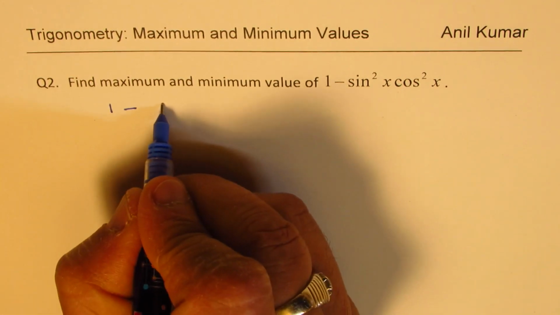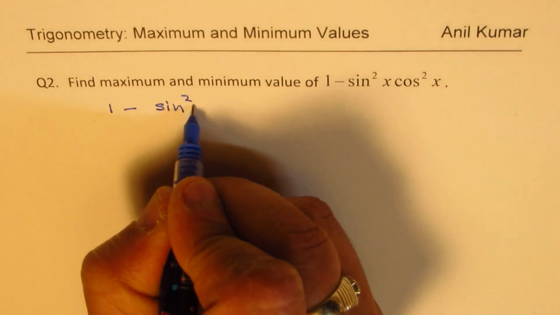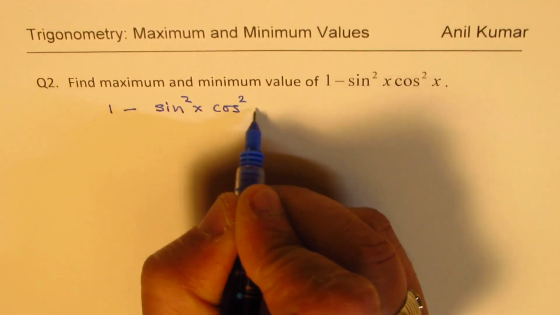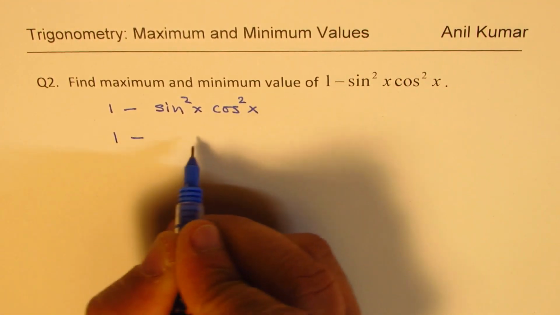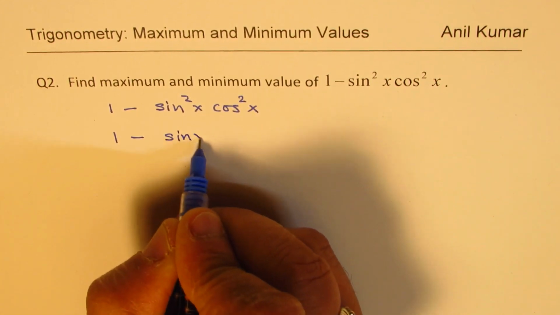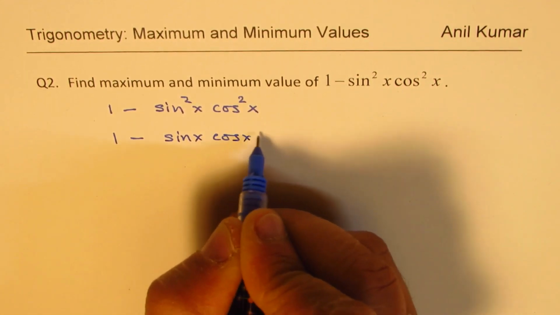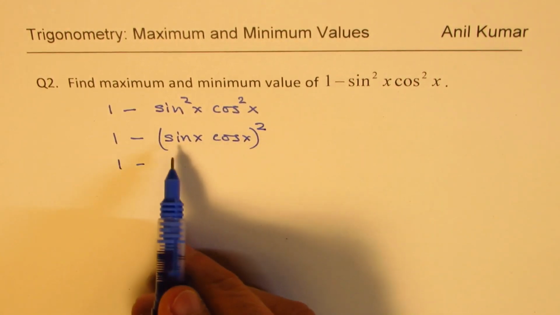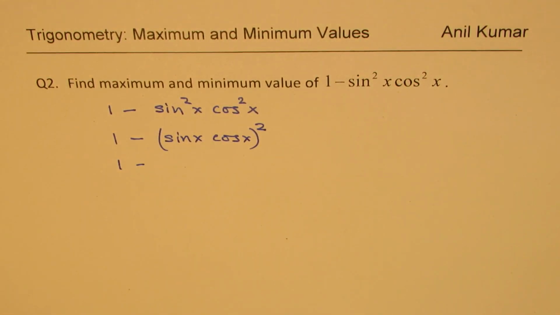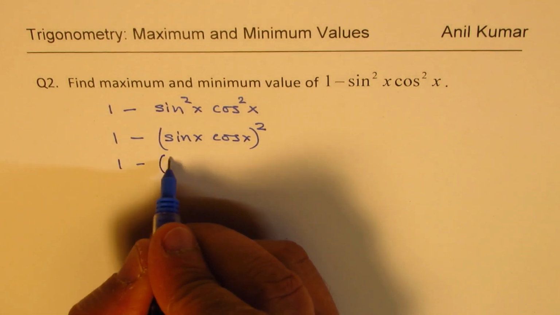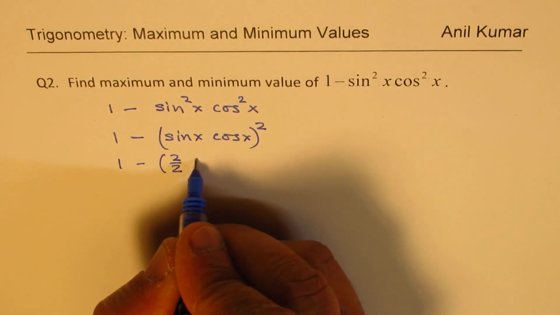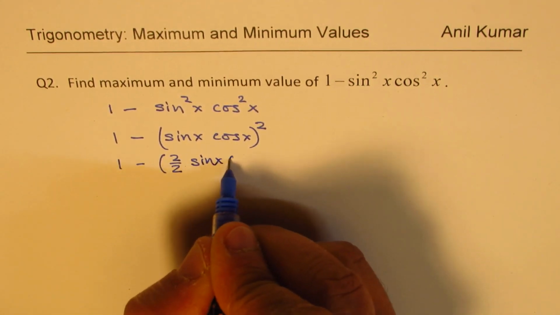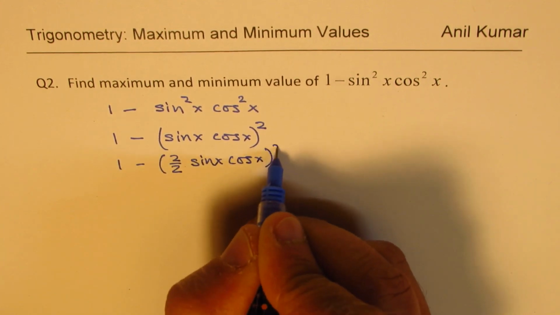So it is 1 minus sine square x cos square x, right? So we could write this as sine x cos x whole square. Now we'll again go with the same strategy of multiplying and dividing by 2, so we could write this as 2 over 2 sine x cos x whole square.